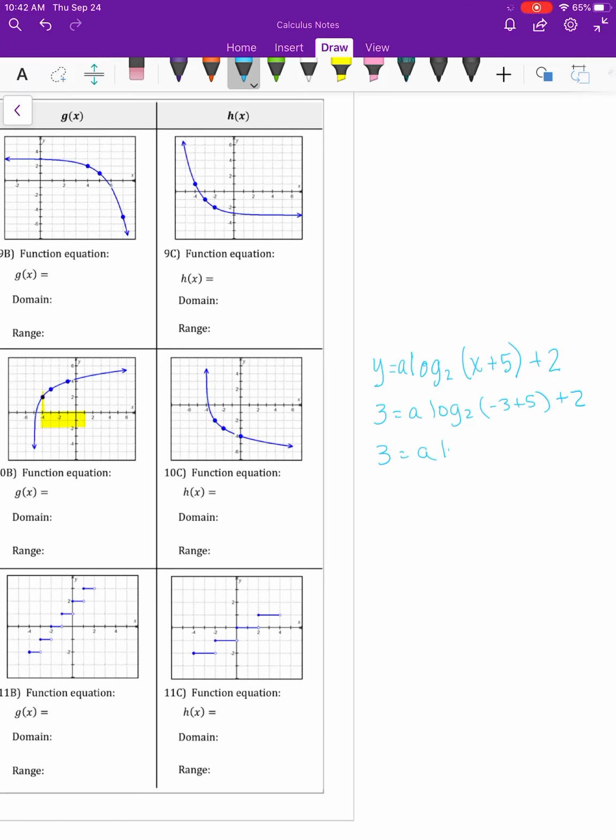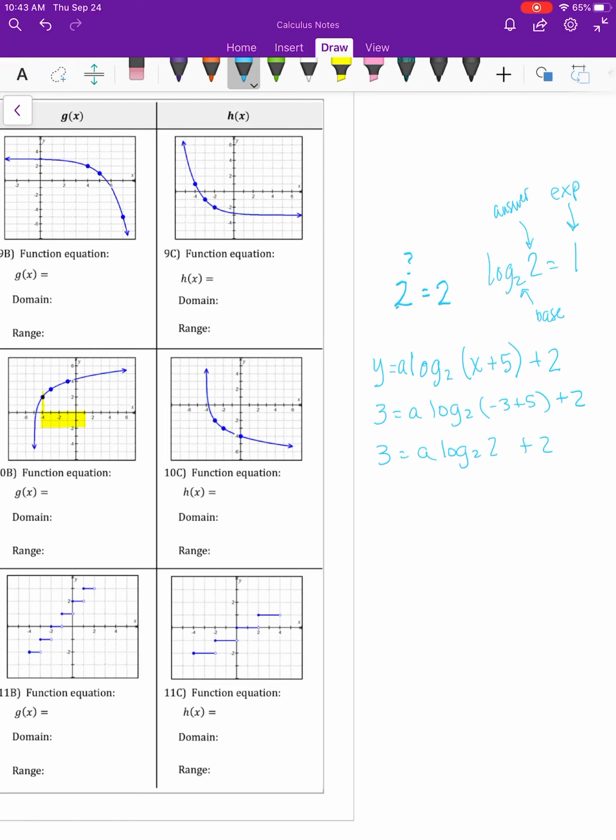So 3 equals a times log base 2 of 2 plus 2. Well, log base 2 of 2 is 1, because the answer to a logarithm is always the exponent. When I see log base 2 of 2, I need to be thinking, 2 to what power is 2?